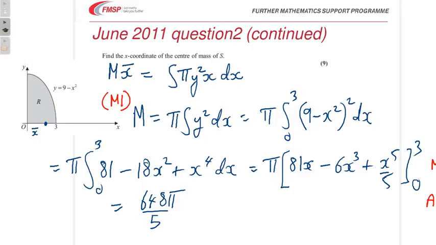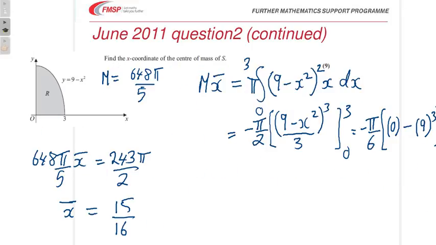Then going on from that, for setting up this integral, the pi y squared x dx, there was an M1 mark and a couple of accuracy marks for working through that integral correctly. Firstly putting the right terms in and then working through it correctly.